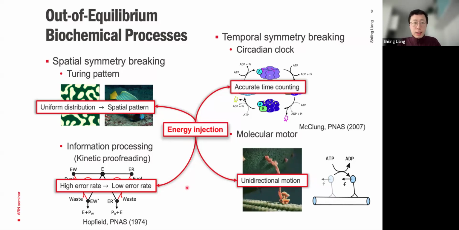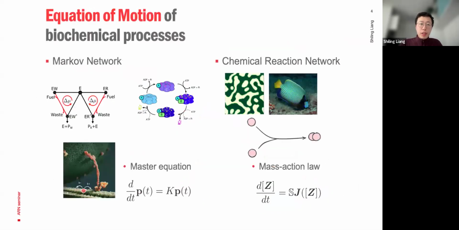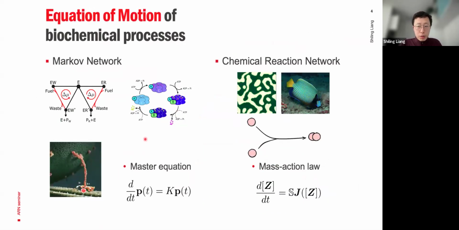To understand all these processes, firstly we need to write down the equation of motion. There are two classes. At the microscopic level, we have the master equation. We can describe everything as a stochastic Markov jump process. We have a transition rate matrix and a probability distribution, and we describe the time evolution of the probability distributions over all the states.